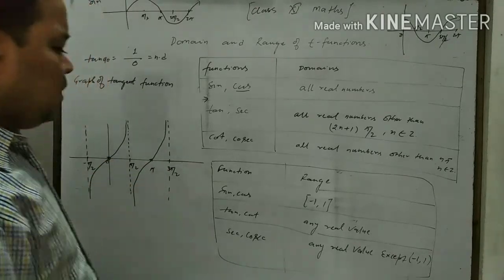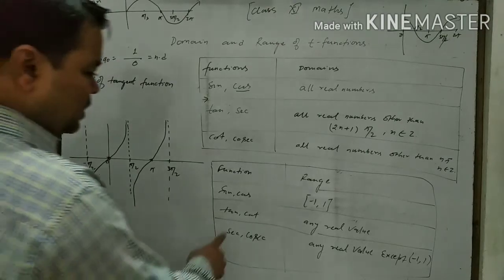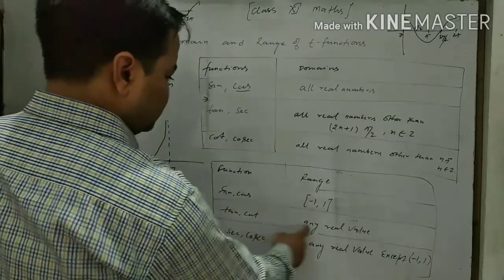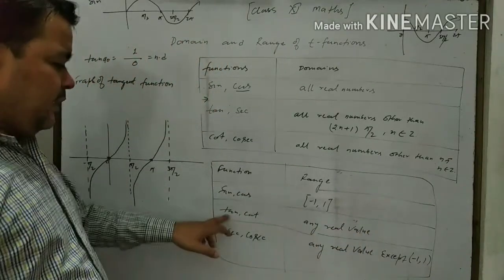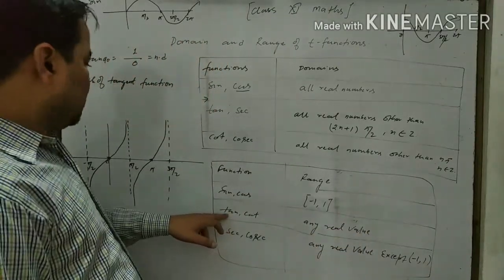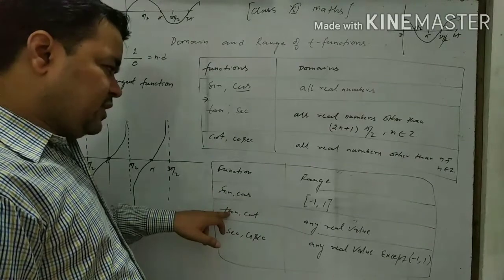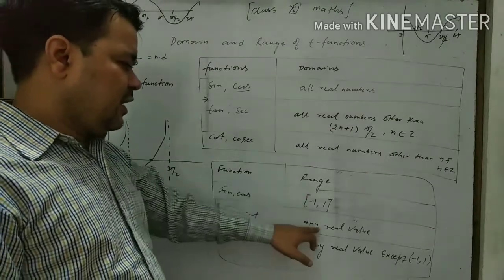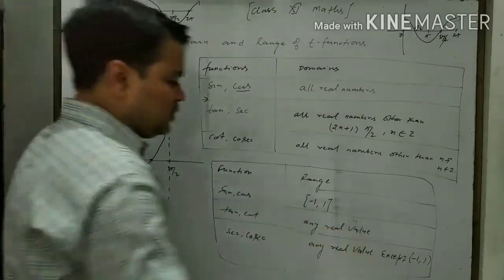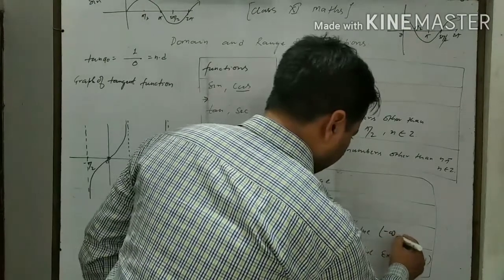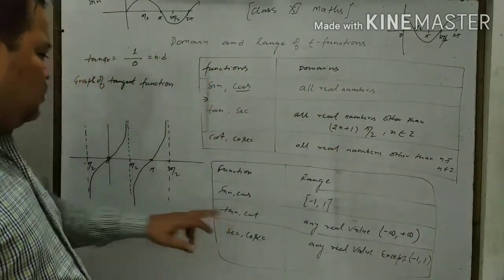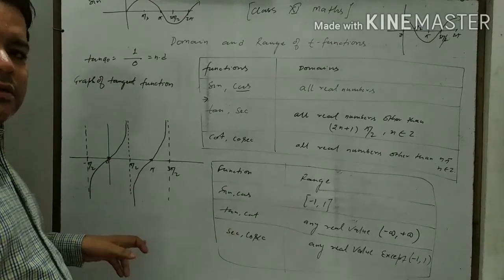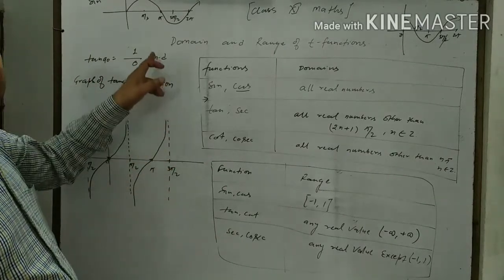Getting? Now let us say what is the range of tan theta. Here any real value. The function tangent, its range is any real value. Any real value means here minus infinite to plus infinite. Means any value. It may be up to infinite also.